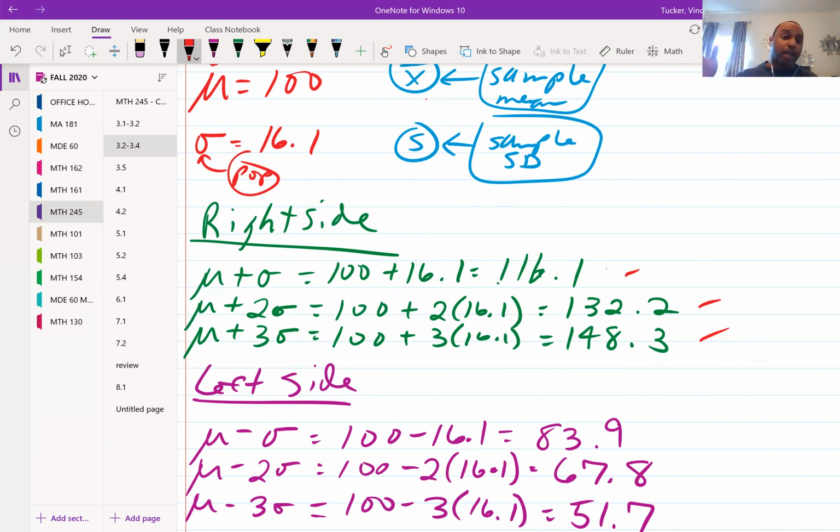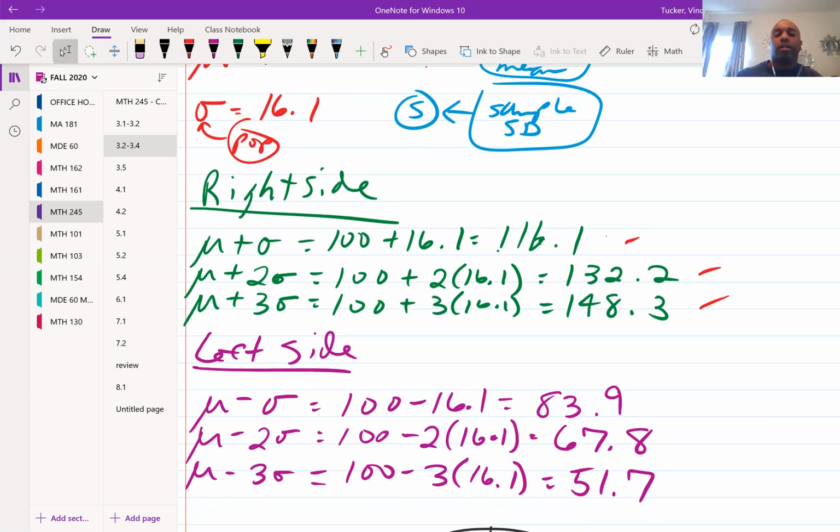So that's the right side of the empirical rule. Left side, you're going to subtract 16.1 from 100. So subtract 16.1, then subtract it one more time, then subtract it a third time. That'll give us 83.9, 67.8, 51.7.